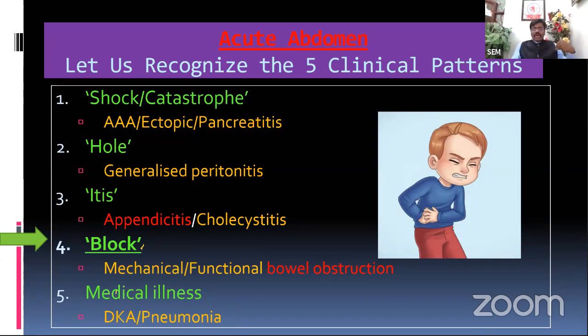Only after that will you know all the common conditions in the GIT. Then we'll come to the next important clinical examination long case, that is approach to abdominal lump, be it a right iliac fossa mass, hepatomegaly, splenomegaly, renal mass, pelvic mass, or ascites.